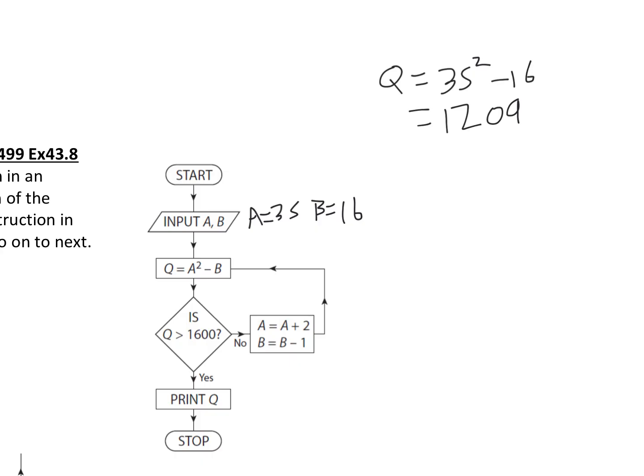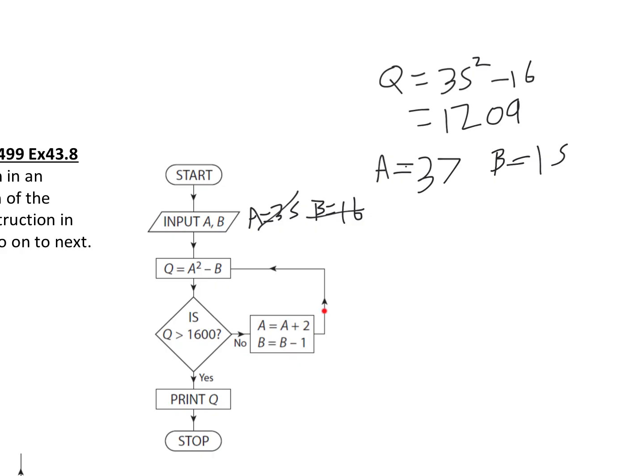So A, when it comes round this time, is not going to be 35 anymore. It's going to be 37. That's been erased. And B is going to be B minus 1. So get the old value of B, 16, take 1 off it, 15, and that gives you the new value of B. So it's 15. No longer 16, that's gone.